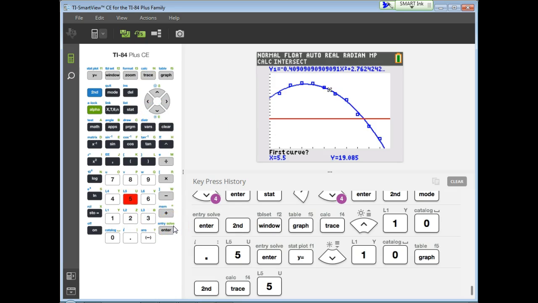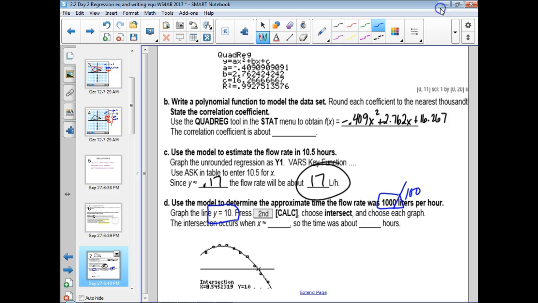Now notice he is on the curve, the quadratic curve, so hit enter. And then it's going to hop to y2, hit enter. And then it says, is this your guess? Good enough, hit enter. And turns out it's at about 8.5 seconds. Or hours, excuse me, 8.5 hours. Labels, they're important. All right, so about 8.5.